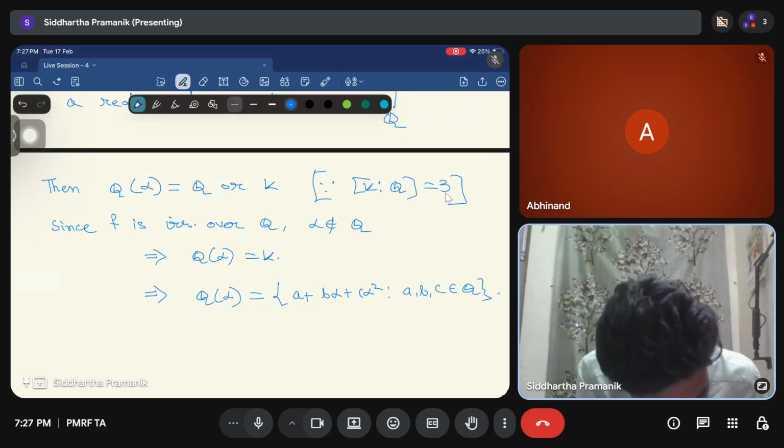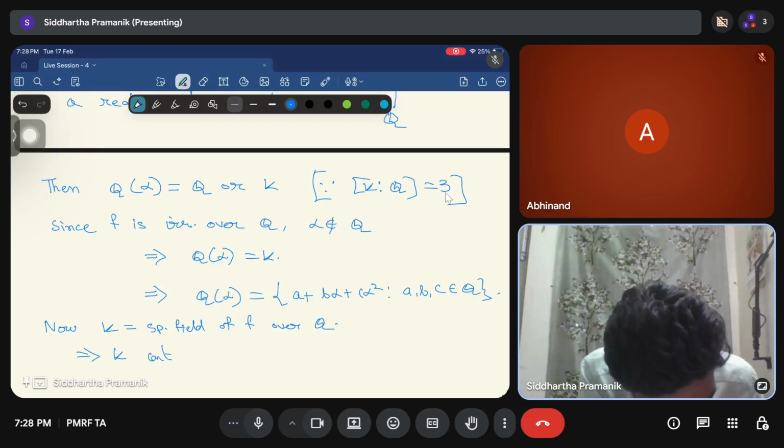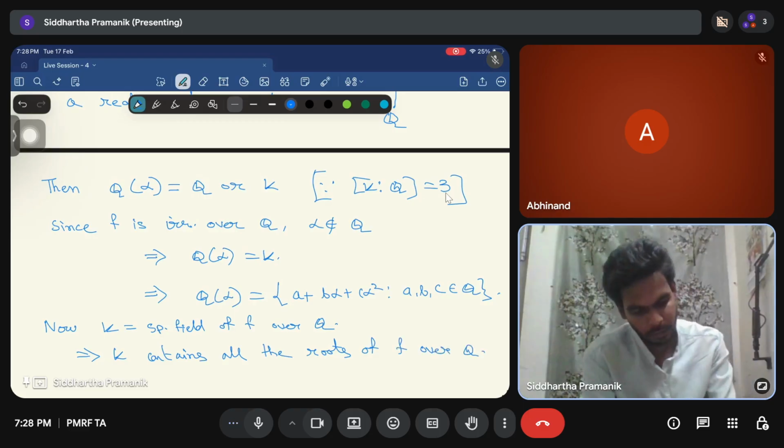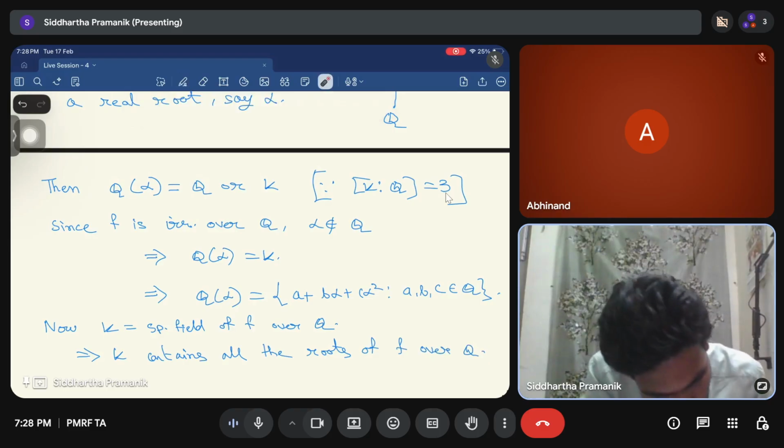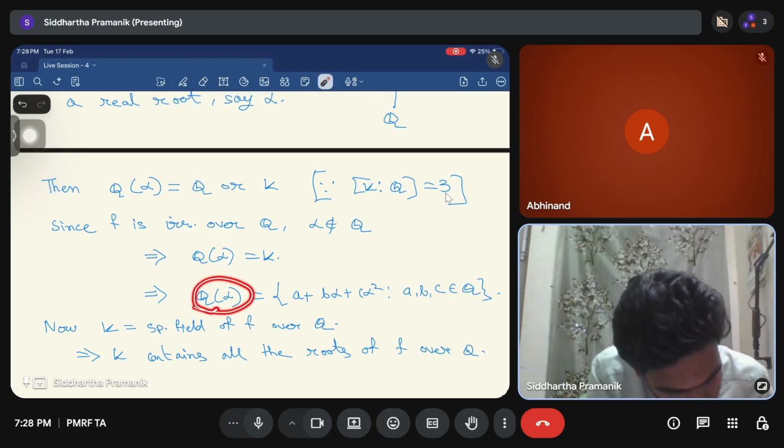Now K is the splitting field of f over Q. So that means K contains all the roots of f over Q.